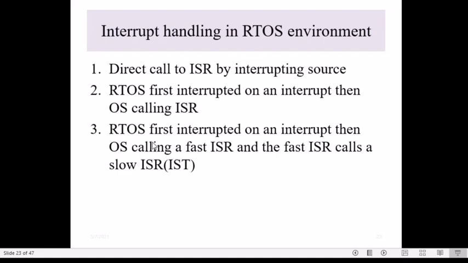Third one, RTOS first interrupted on an interrupt, then OS calling a fast ISR, and the fast ISR calls a slow ISR. Now let's see how these three interrupt handling methods are done in real-time operating system environment.